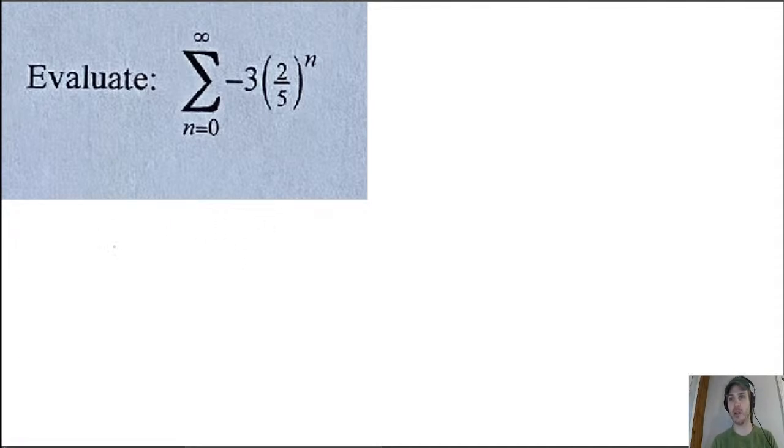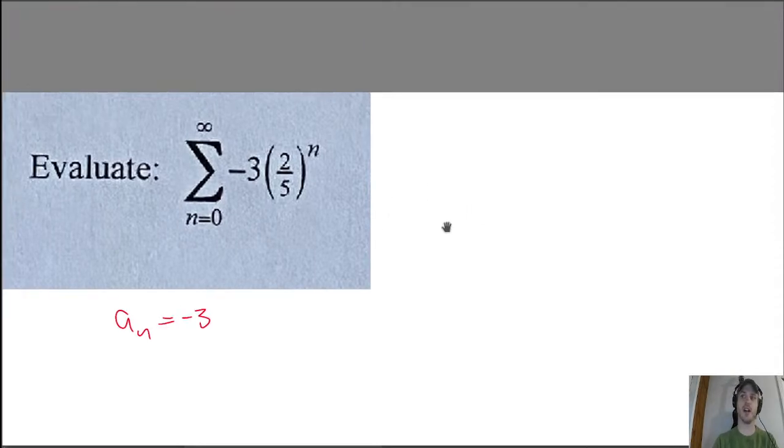So, basically, we need to show a_n equals -3 times... Nope, this is not alternating. Yeah, it's not alternating, because the negative factor is not to a power.